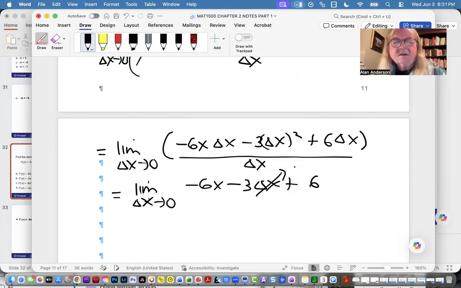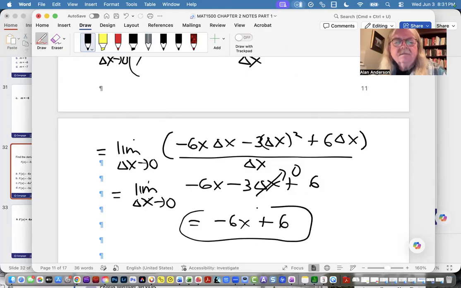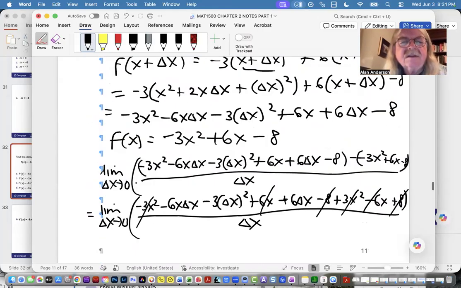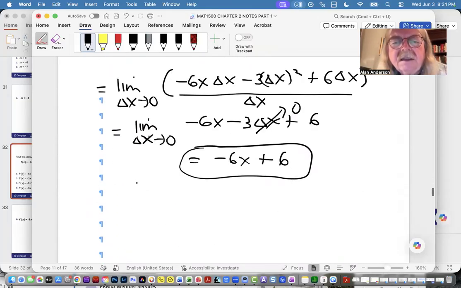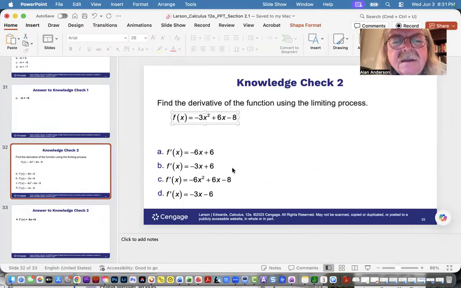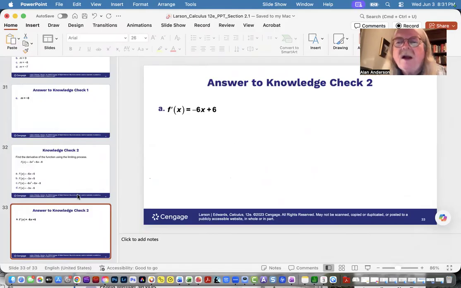And of course, this goes to 0. So we end up ultimately with minus 6x plus 6. Let's see if that's all they wanted. Yeah, that's it. So it's A. Wow. All right.